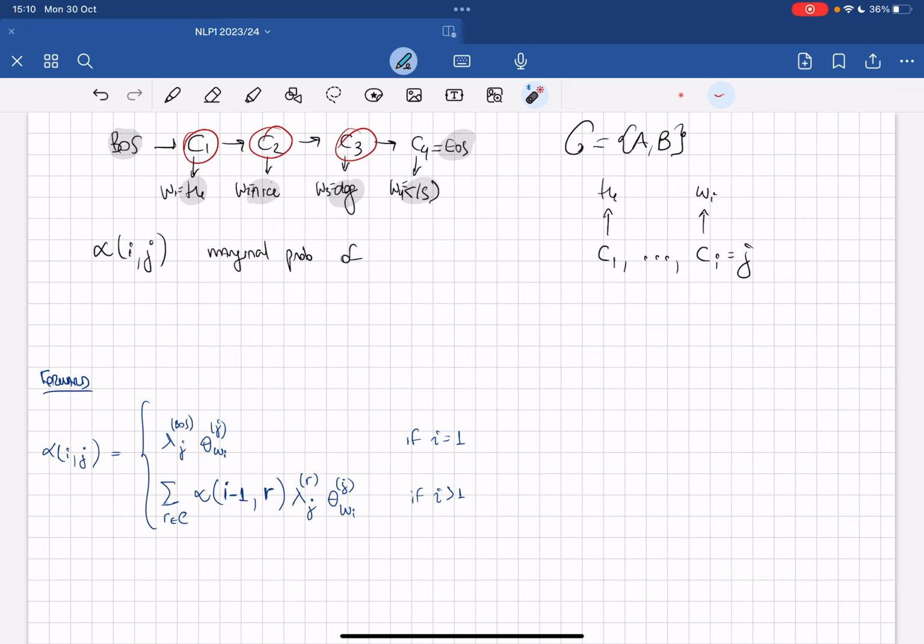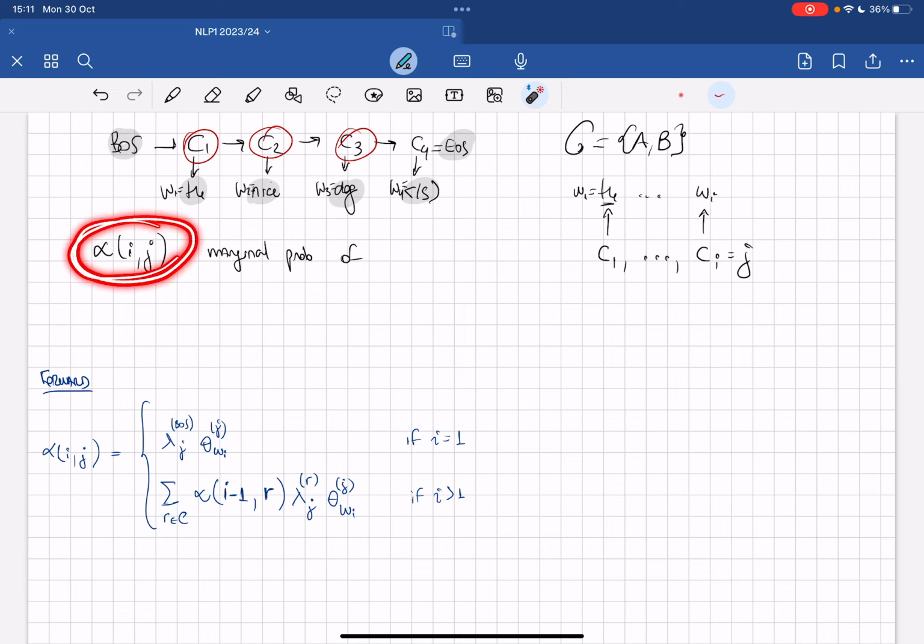I'm going to introduce a quantity called alpha ij, and that quantity is a marginal probability. Marginal probability of what? Imagine you have the sequence C1 through Ci, which are the tags for the sequence W1 through Wi, where W1 is "the" and Wi is whatever the ith word is.